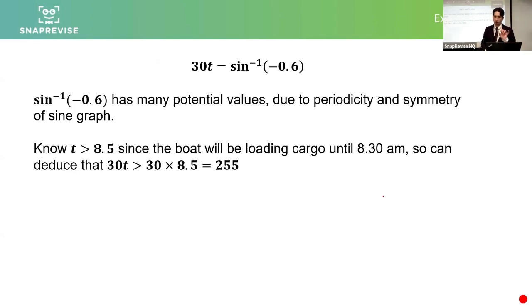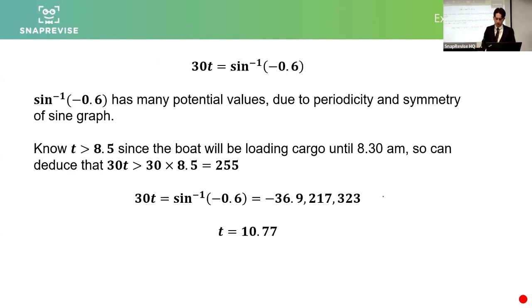So we have to solve with that restriction. The only acceptable value, when we divide by 30 and so on, would be 10.77. Now remember, that's 10.77 hours.